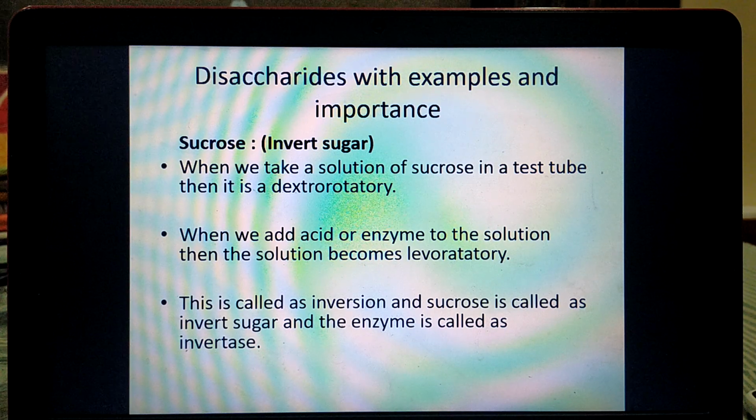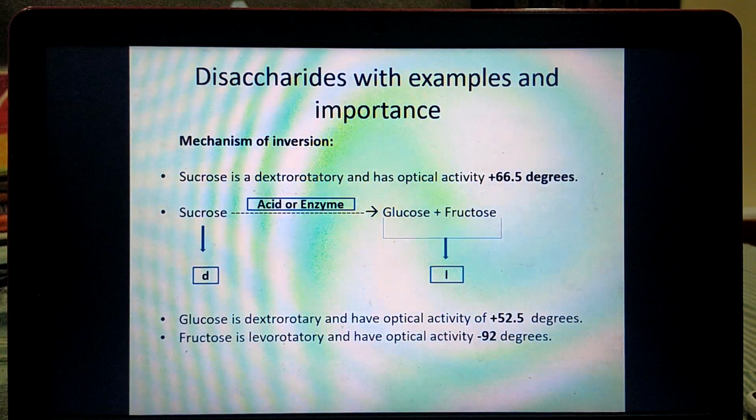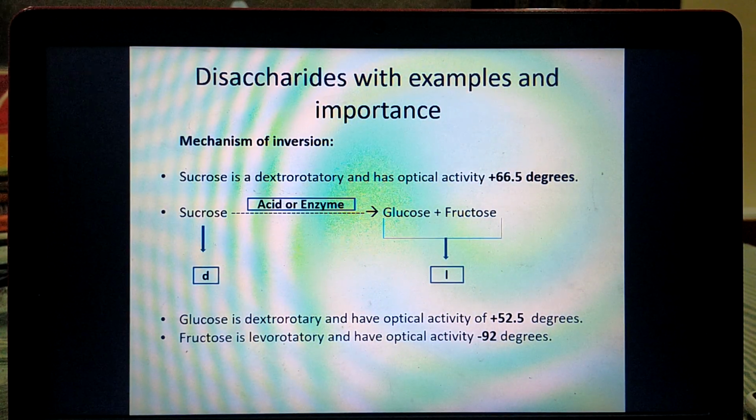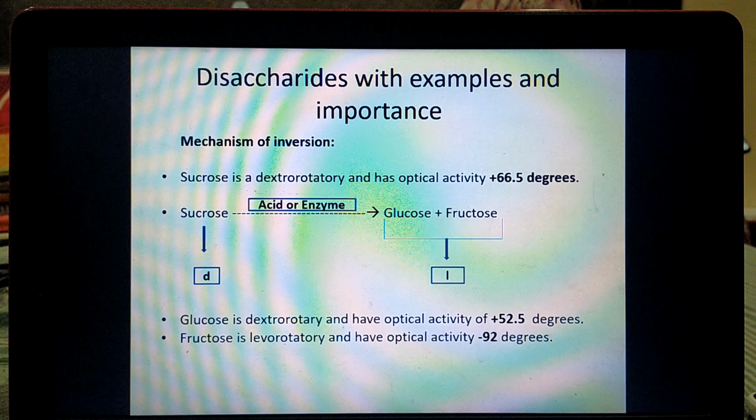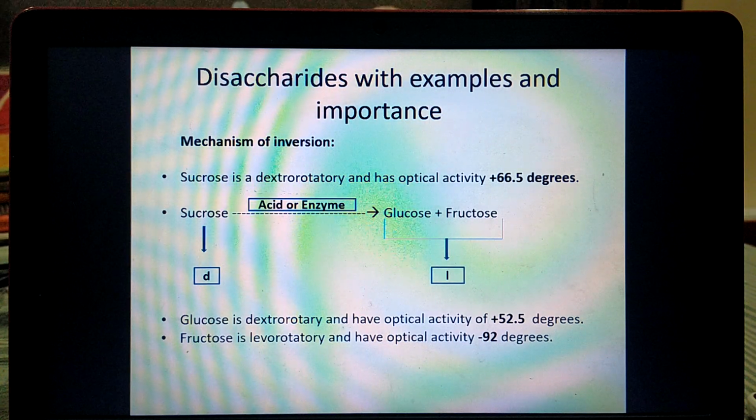Now what is the mechanism of inversion? Sucrose is dextrorotatory and it has optical activity plus 66.5 degrees. When we add acid or enzyme to the test tube of sucrose solution, the sucrose is hydrolyzed to form glucose and fructose monosaccharides.